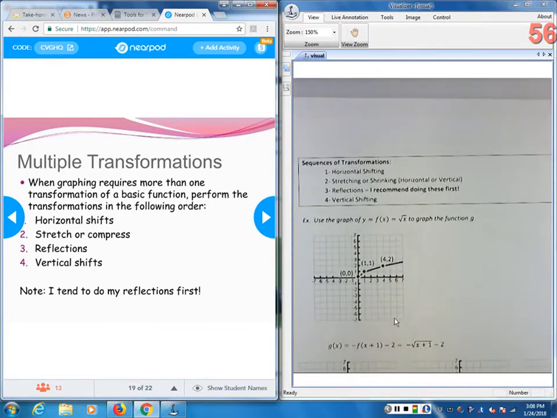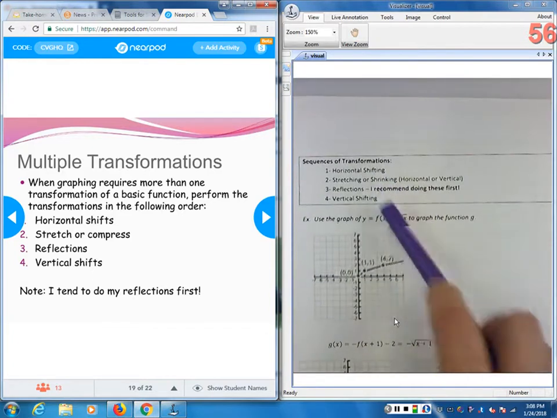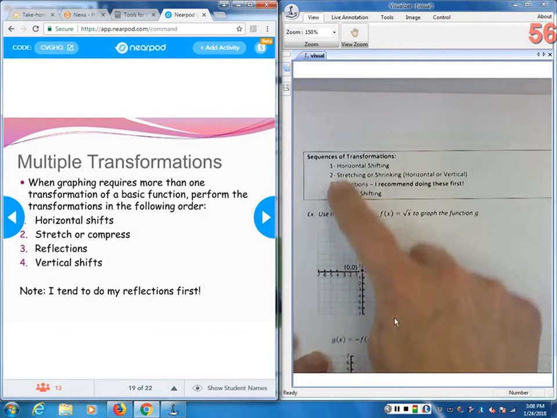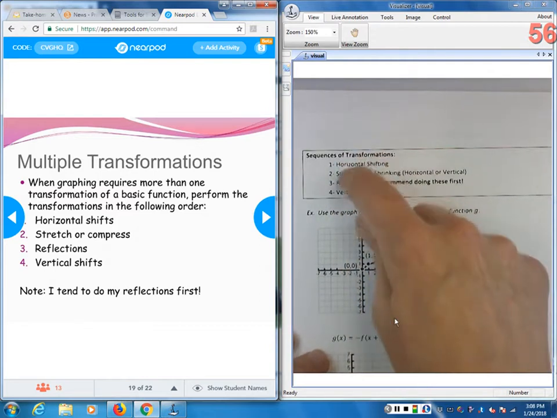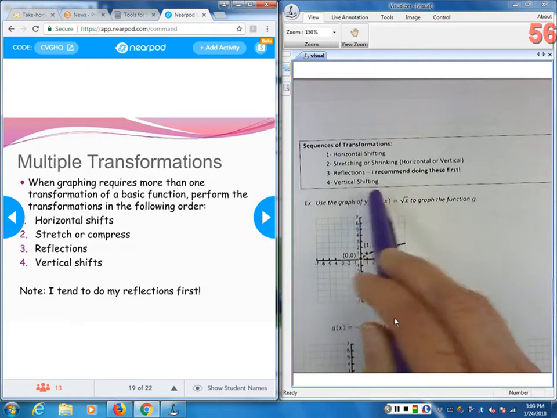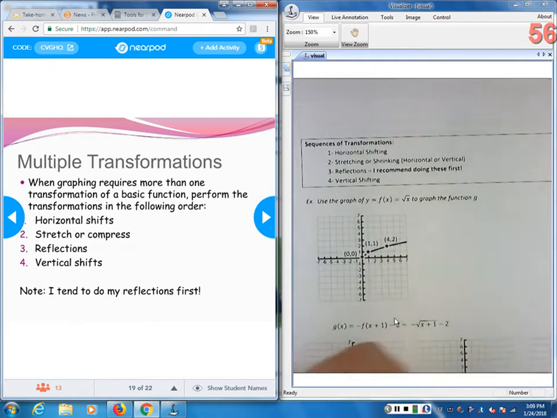You can do it in this order, but you could also do reflections first, and that works pretty good. Do reflections first, and then you do them in that order. If you do a vertical shift before a reflection about the x-axis, it's going to mess you up.